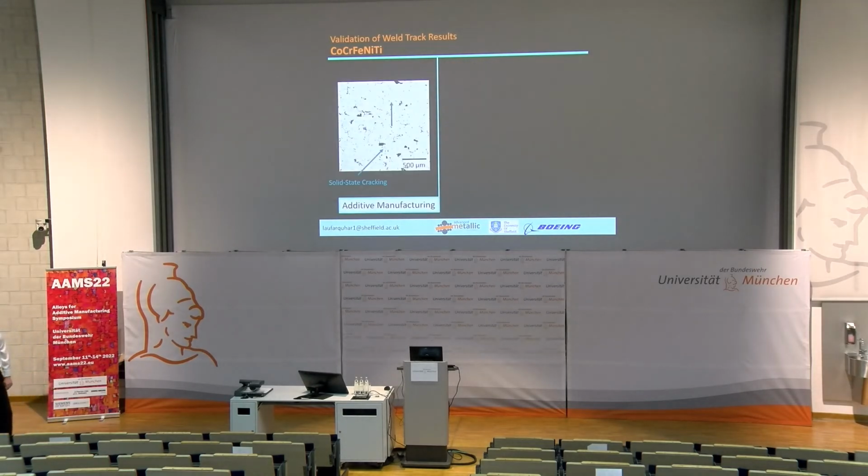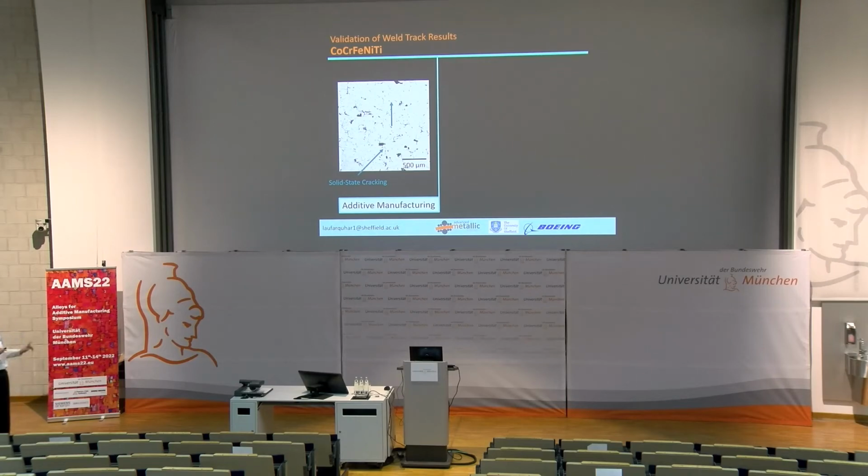So the titanium alloy, this was the most dense sample we made of this alloy. So its crack susceptibility is completely off the charts. But it's an FCC alloy with brittle intermetallics, nickel titanium intermetallics, and a Laves phase in the matrix.